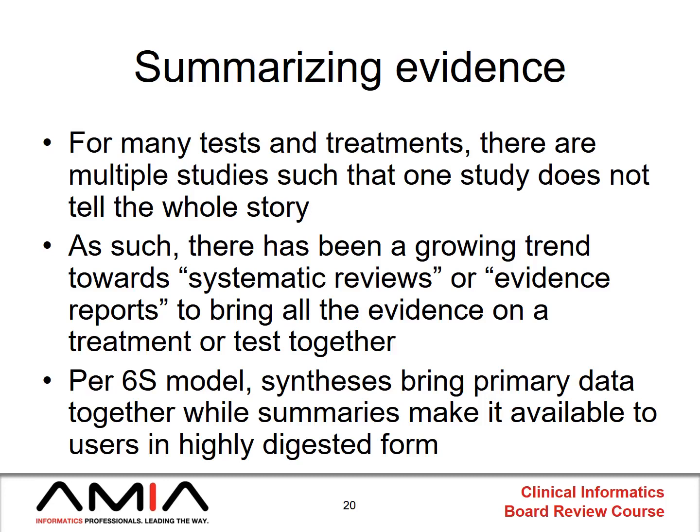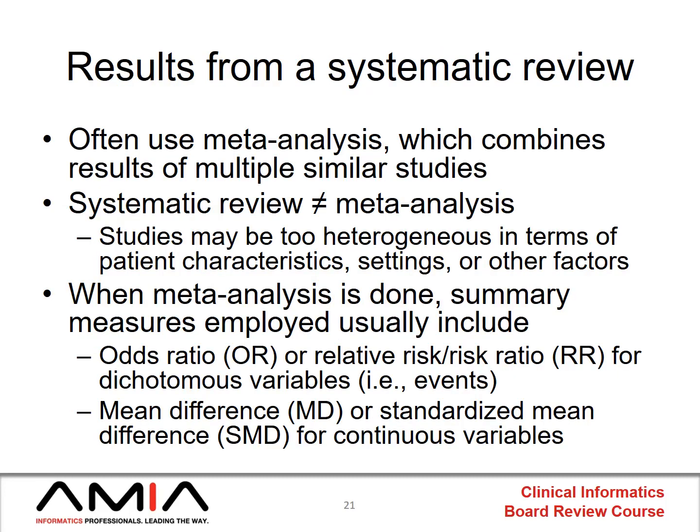So going back to the 6S model, there are syntheses that bring the primary data, the primary research results together, while summaries make it available to users in a highly digested and summarized form. If there are multiple similar studies available, then we may use a technique called meta-analysis, where we combine the results of these multiple similar studies as if they were a single study.